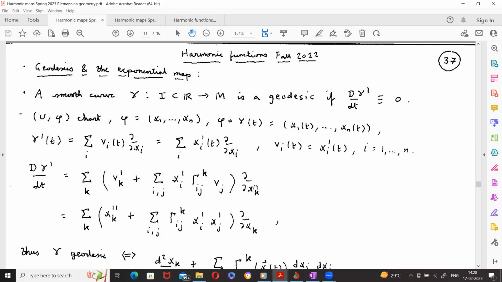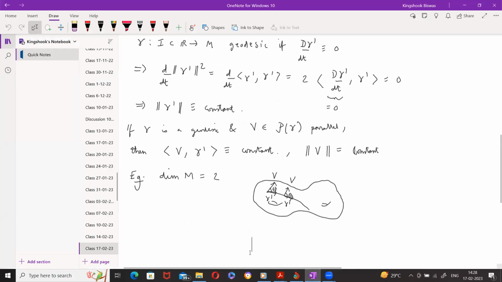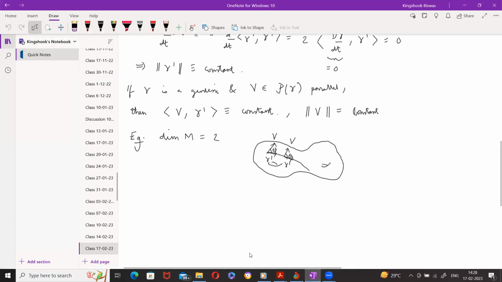Let me explain this. If I take a vector field V along a curve gamma, so V is the sum over i of vi del/del xi, then what is capital DV/dt?